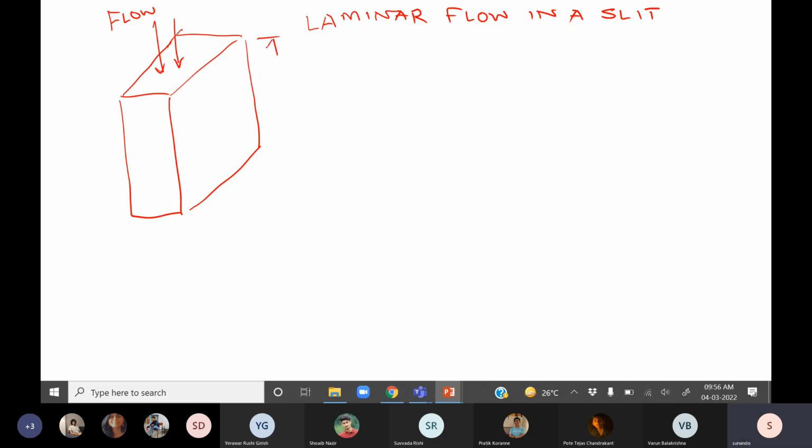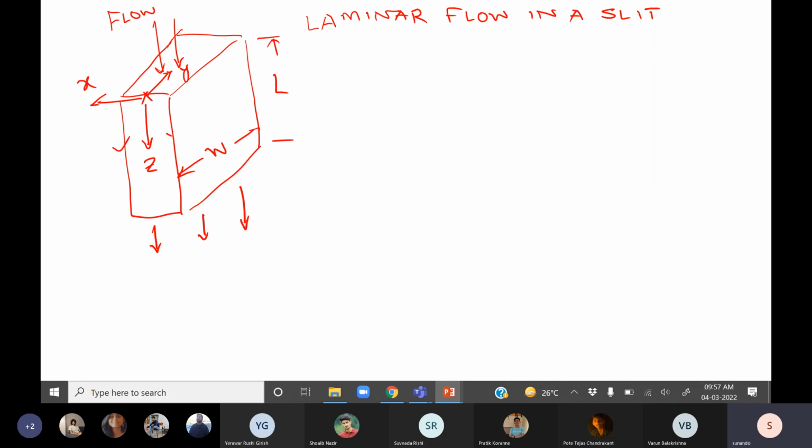The length of this is L, and this is my coordinate system, where this is X, Z, and Y. And we will assume the width of the plate is W, and obviously the liquid is coming out.